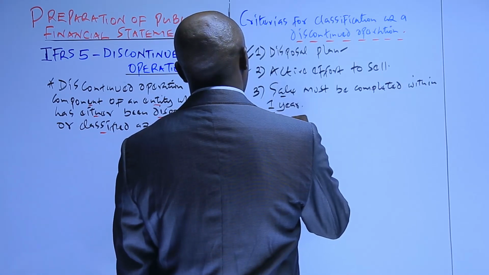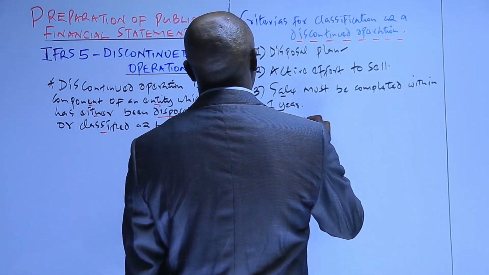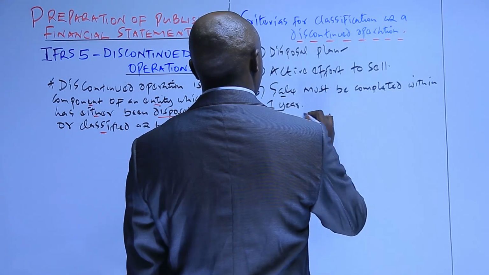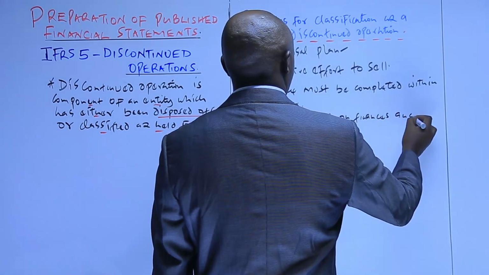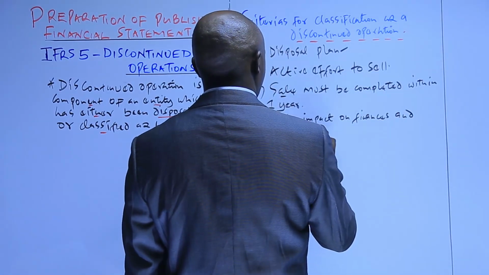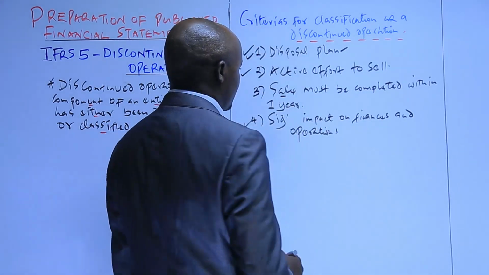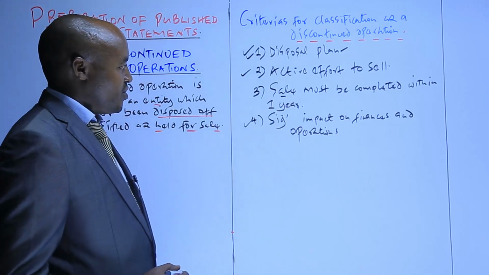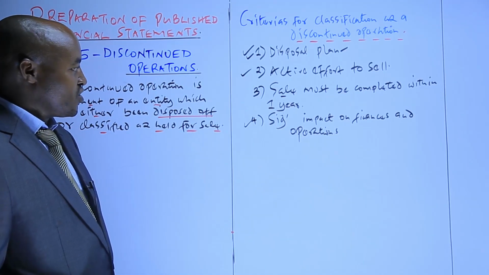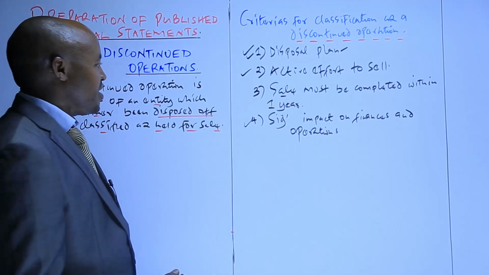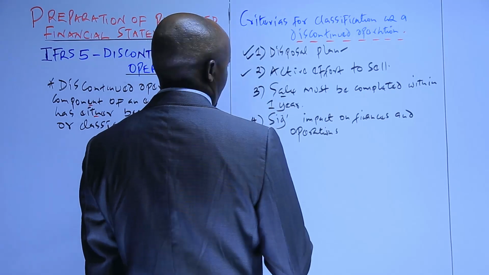And also we say that such an operation must have a significant impact on the finances and also the operations of the company. If such an operation will have a significant impact on the finances and operations of the company, once disposed, it still qualifies to be classified as held for sale.